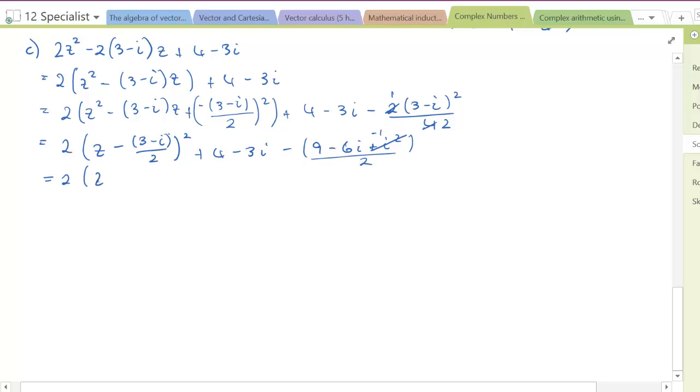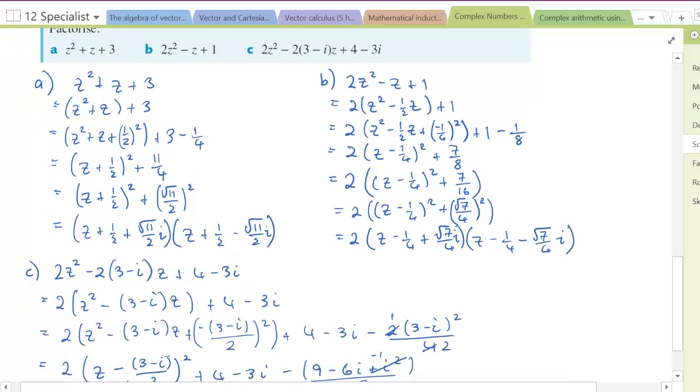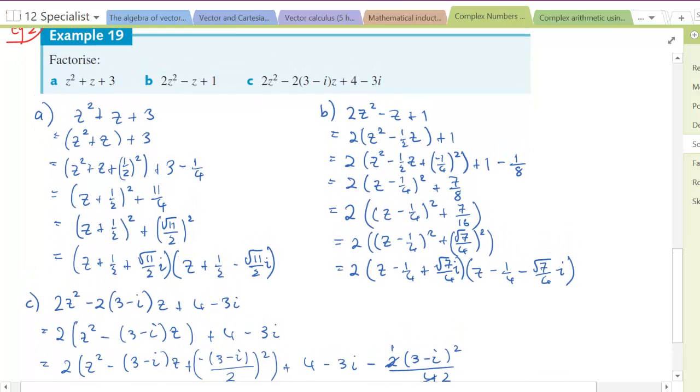And so now we've got 2 (z take (3 take i)/2) all squared plus (4 take 3i) take (8 take 6i)/2, which is take away (4 take 3i). And so that cancels down, and we're just left with a nice 2 (z take (3 take i)/2) all squared. Pretty complex, and it takes a lot of skill to be able to do that. So these completing the square factorized type questions over C are complex.